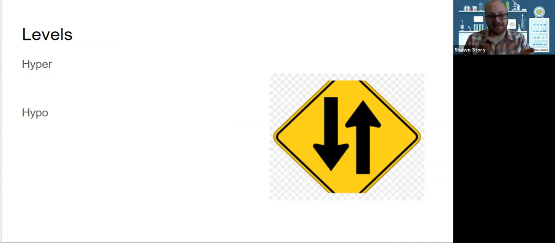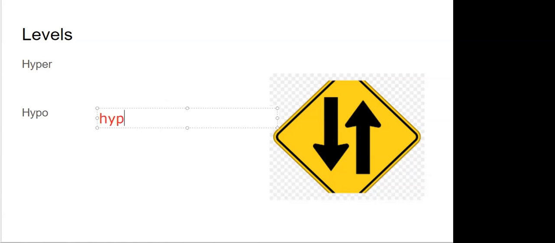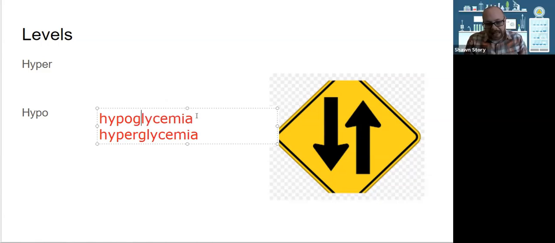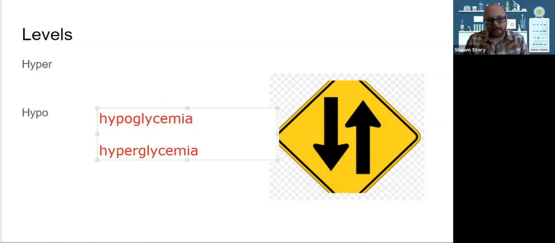Hypoglycemic. Hypo or hyper? They're probably both words. Yeah, they are. What does glycemia mean?